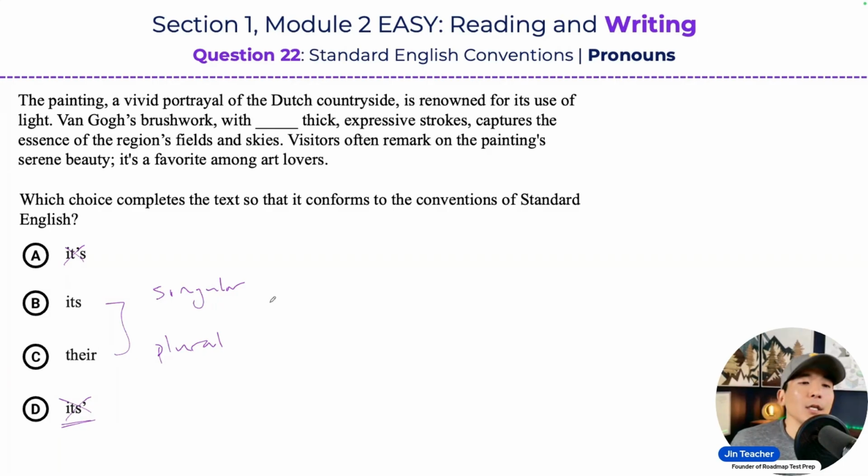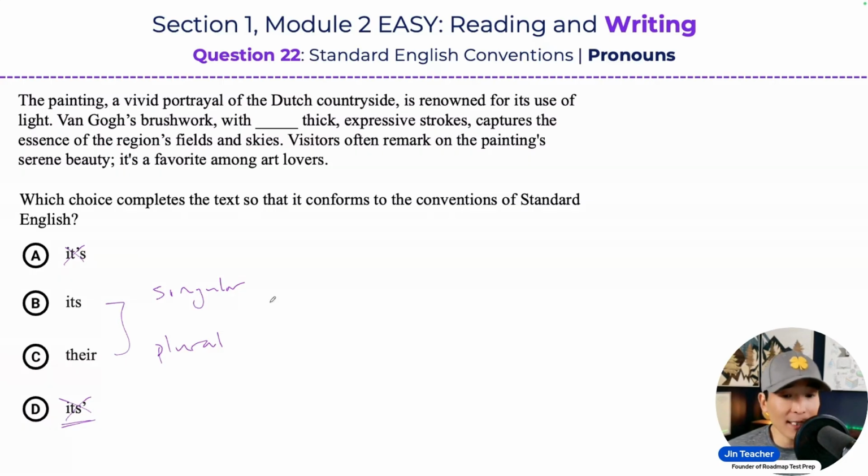So how do you determine whether it's singular or plural? If you have watched my video on pronouns, you know how I solve pronoun questions. It's the exact same way here when we have possessive pronouns too.